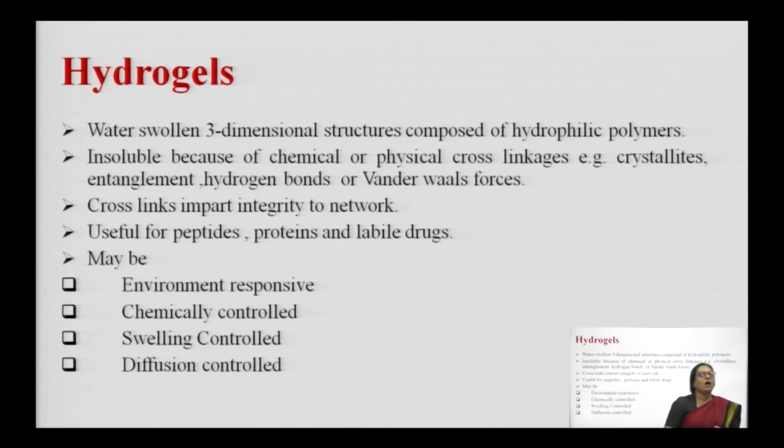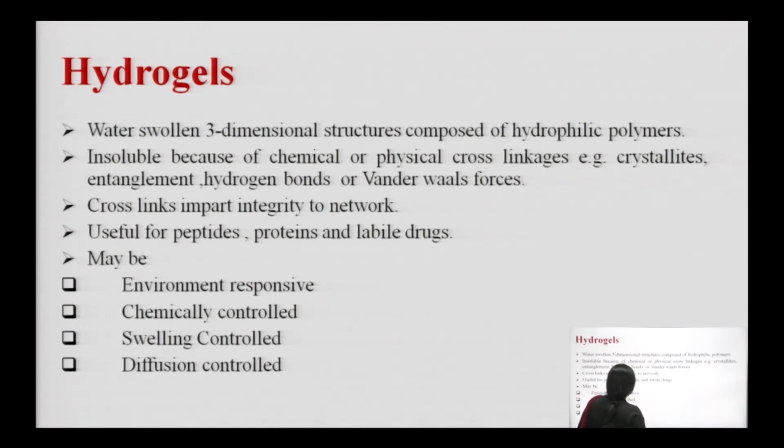Next, we have hydrogel preparations. Hydrogels are water soluble 3-dimensional structures composed of hydrophilic polymers. These gels are basically characterized by extensive cross-linking, which imparts integrity to this network, and this cross-linking may be occurring due to chemical or physical cross-linkages like crystallites, entanglements, hydrogen bonds or van der Waals forces.